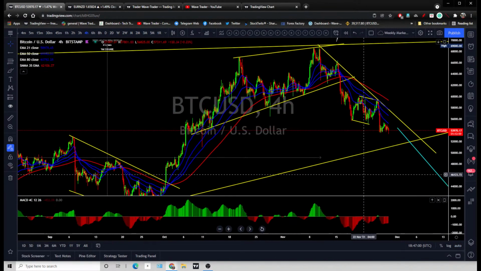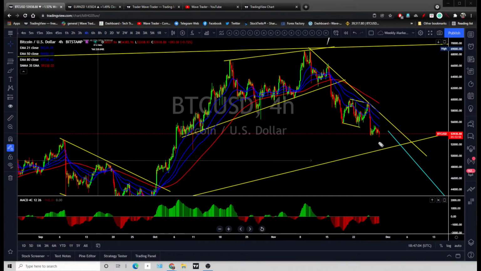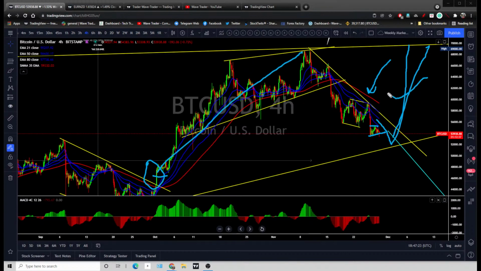So if I'm going to make it more simple, what is the bearish trend on Bitcoin? As long as price stays below those moving averages, it is a bearish trend. Whenever it breaks up above the moving averages, the next move would be back to the previous top. I'm not expecting that.